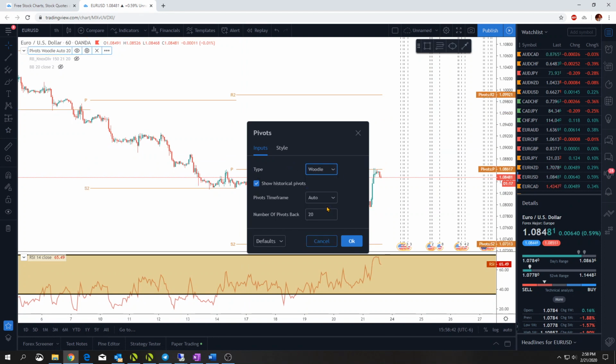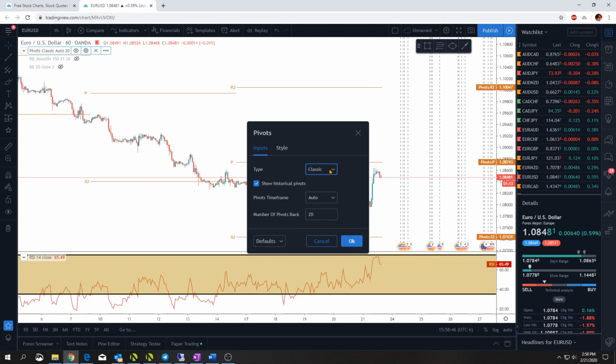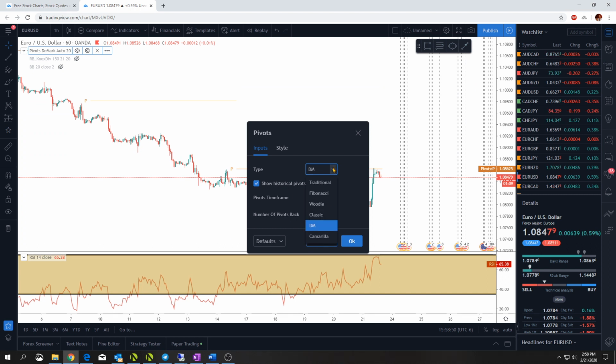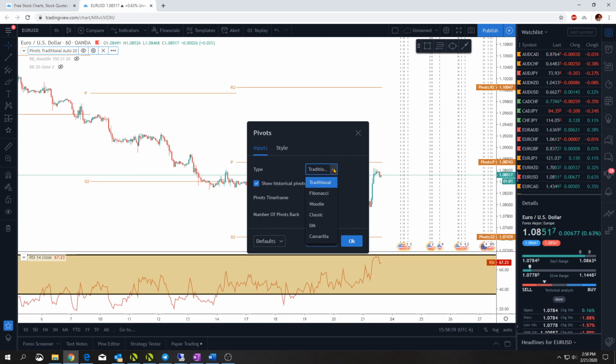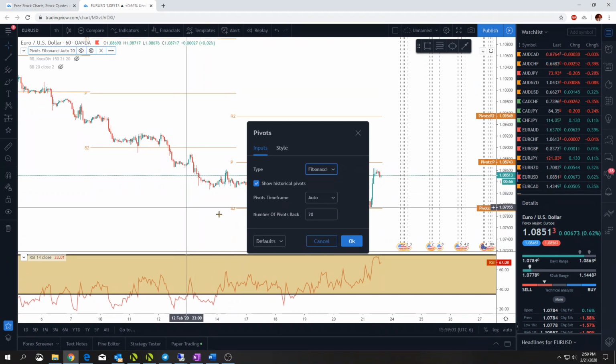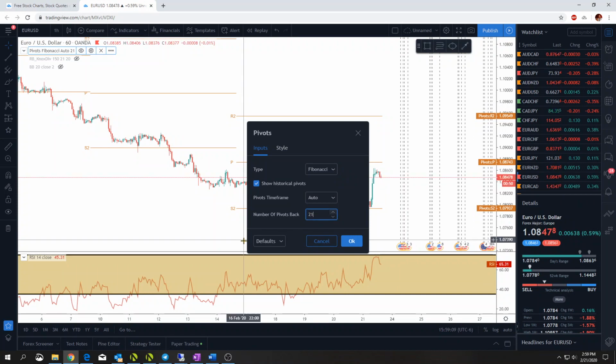There is the Woody. Don't ask me what that is. There's classic. There is DM. Don't know what that is. Or the Camarilla. Don't know what that is. Okay. Let's just use traditional. Why not? Or Fibonacci. I use number of pivots back 20. Some people use 21. I like 20.